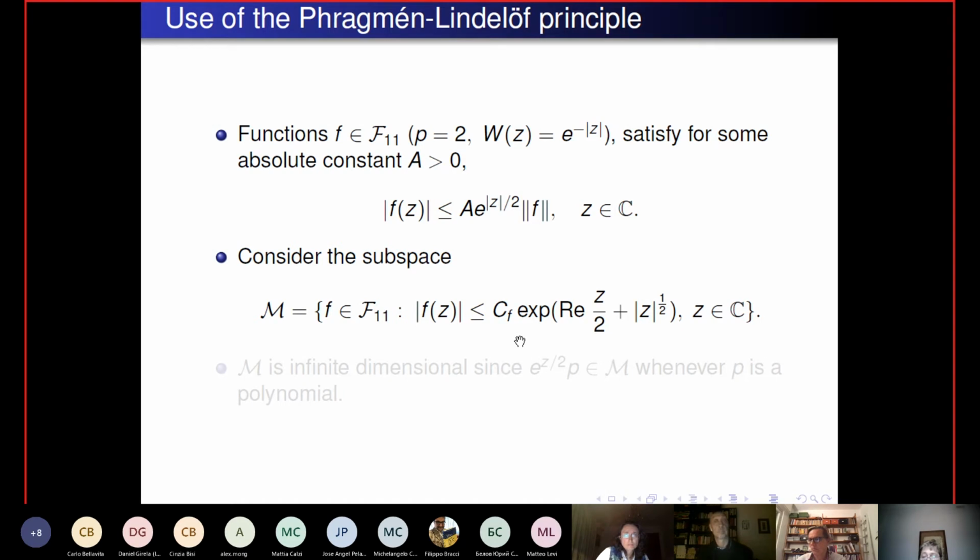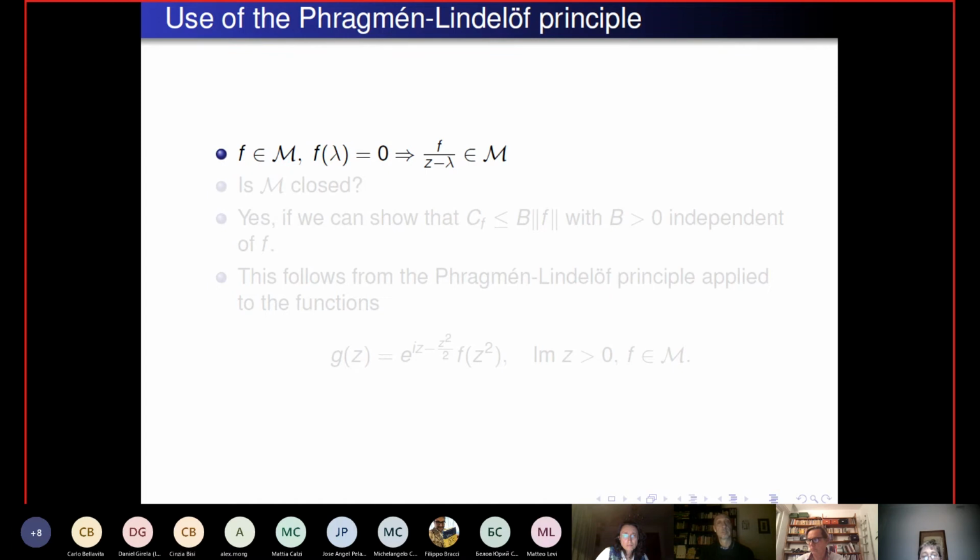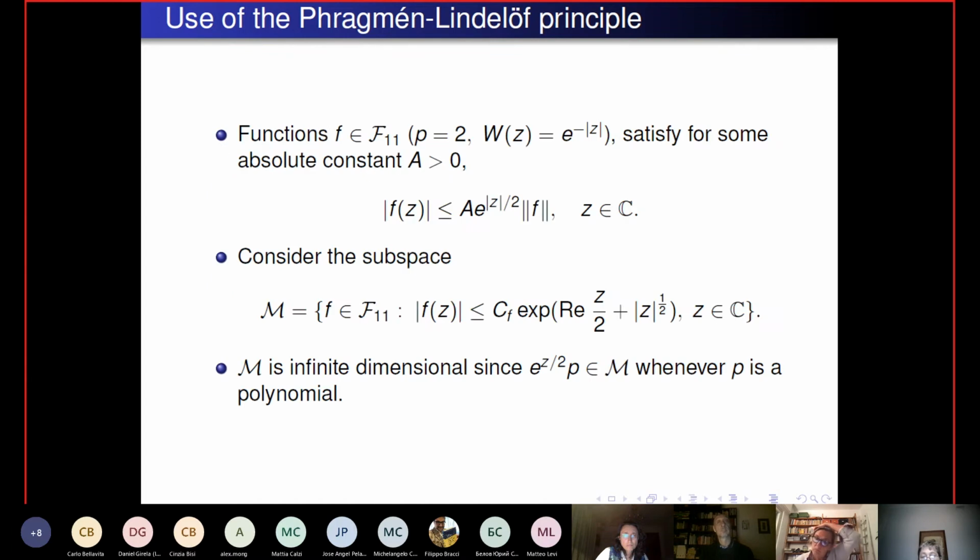So what about this subspace? Well, it's certainly infinite dimensional because you can take e to the z over 2 times any polynomial, because this mod z to the 1 half will be okay. And that gives you infinite dimension. If you want to test the definition of near invariance, that's pretty easy as well. I mean, this is just a growth restriction. If you divide by z minus lambda, nothing is going to change except this constant, C_f, maybe.